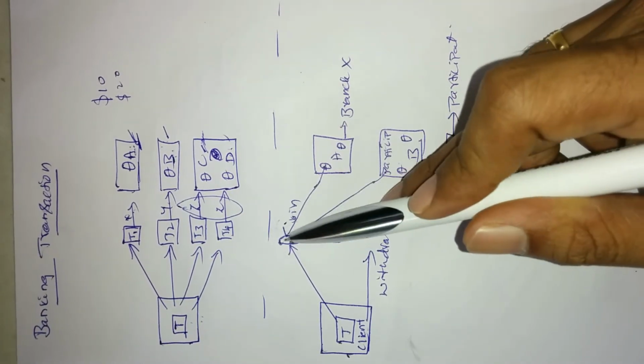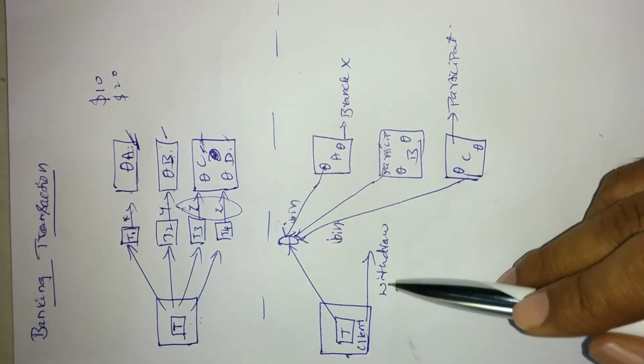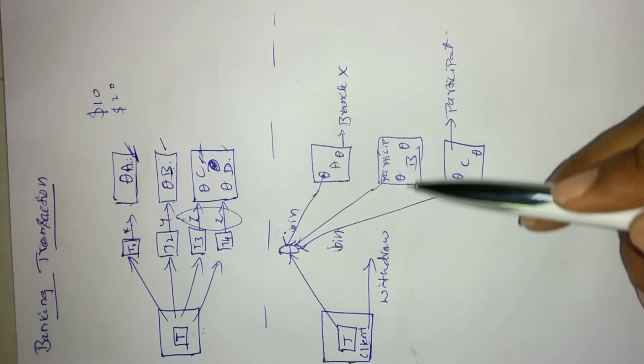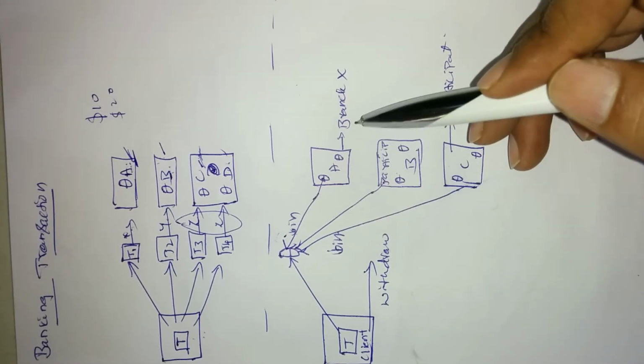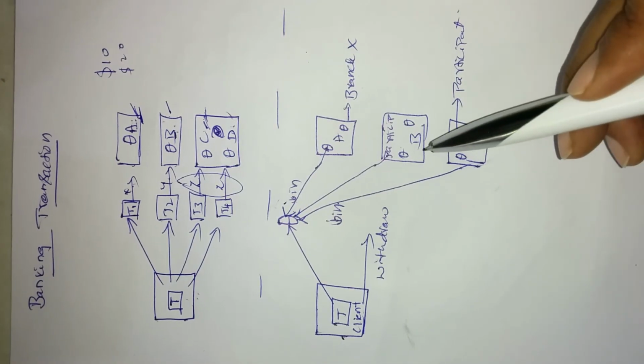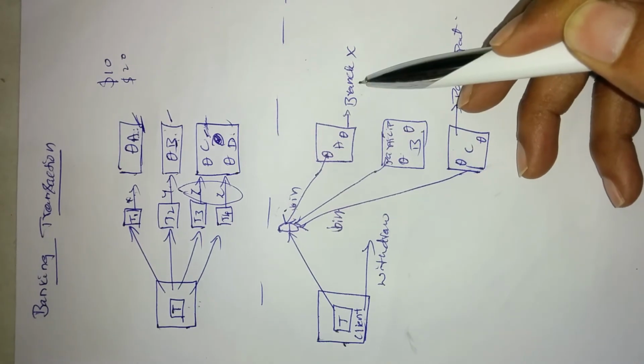It looks like an ATM machine, where the client withdraws, and before withdrawing we have to join all of A, B, C. This is the SBI Bank branch and another one. These are the two participants, which withdraw and deposit simultaneously by using the branch X.